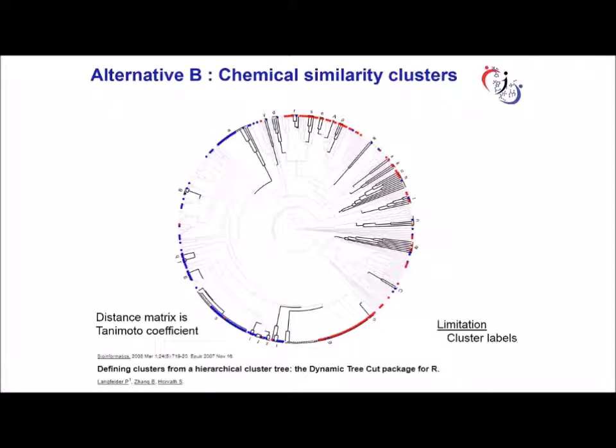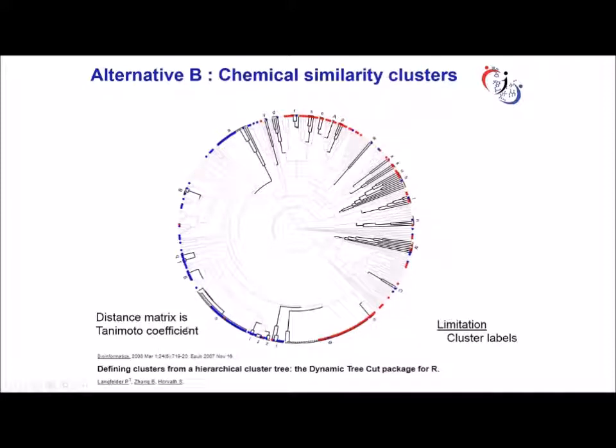Alternative B could be chemical similarity clusters. The idea is to map all the known compounds into a chemical similarity tree, then use a tree cutting algorithm to define clusters. In this tree model, blue dots are decreased compounds, red dots are increased compounds, darker lines are cluster boundaries showing boundaries of enriched clusters, and gray are other compounds.